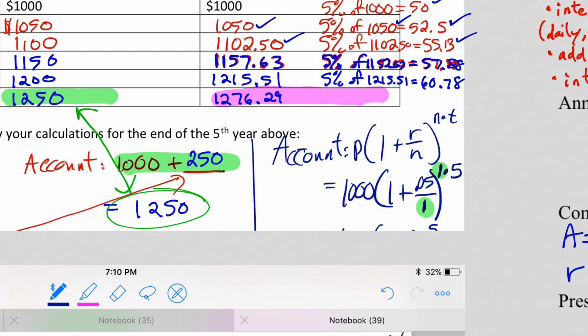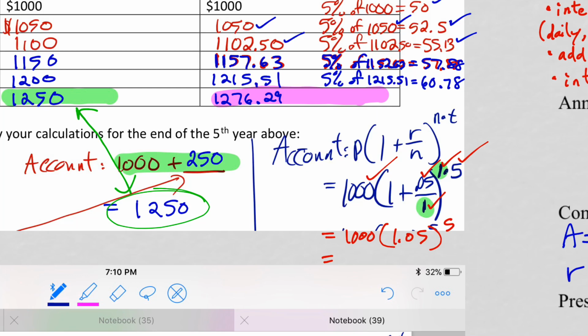So my shortcut formula, which is the compound interest formula, there's my 5 years, there's my 5%, there's my $1,000. Now this is only happening once a year, so the number of compounding periods is only once a year. There's my 2 ones. So basically I have 1.05 raised to the 5th power.